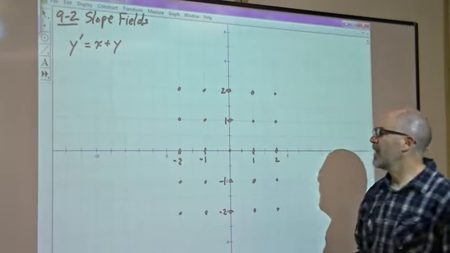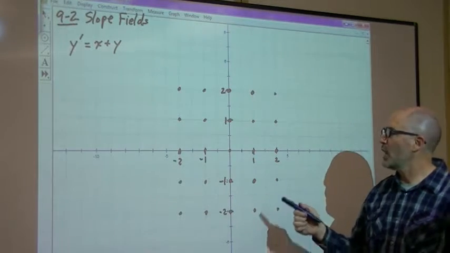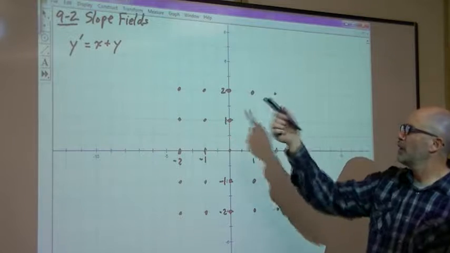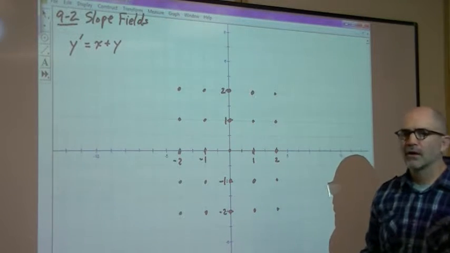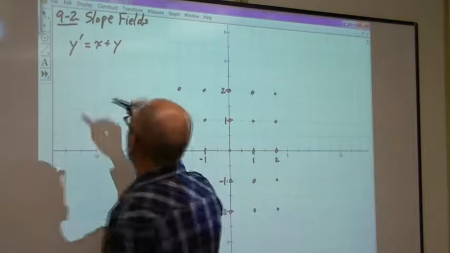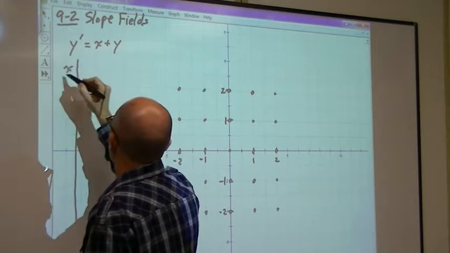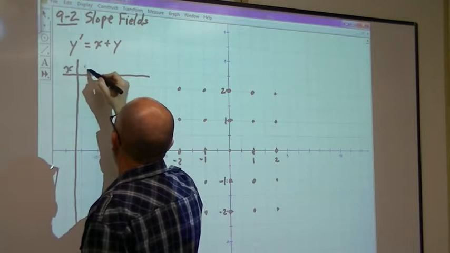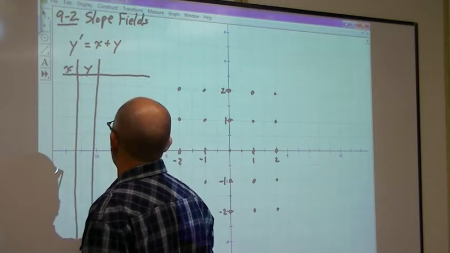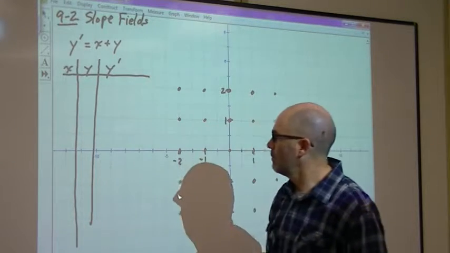Okay, so we're going to find the slopes of this differential equation at all of these 25 points. Let's start by making our table. We're going to have an x value, a y value, and a y prime value.